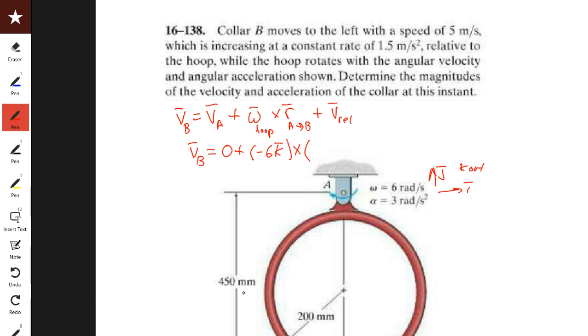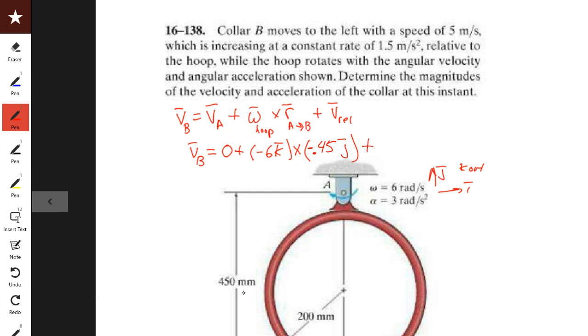So the R is equal to 0.45, and it goes down, which would be in the minus J direction, plus a V rel.